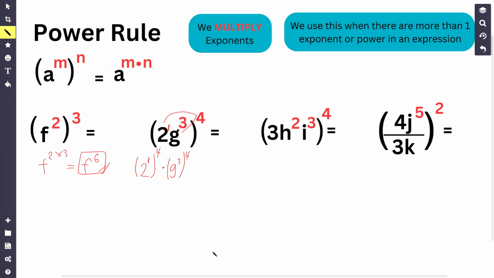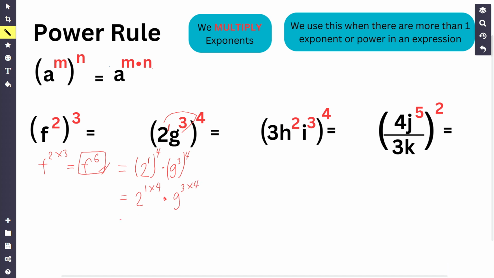So we will use the power rule. What do we do in the power rule again? We just multiply the exponents. So here, that's 2 raised to 1 times 4, and then g raised to 3 times 4.